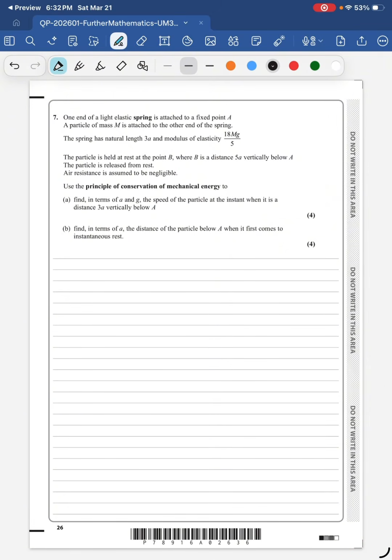So the way to work this out is, okay, let's draw a scheme. So this is the point A, this is the spring, and this is the mass attached. Since the length of the spring is 3a, that's 3a, and it's going to hang a little bit further down because you have a mass there, so it's not going to be at its natural length.